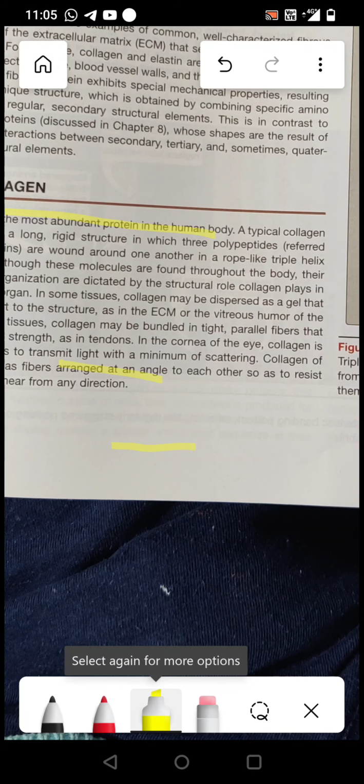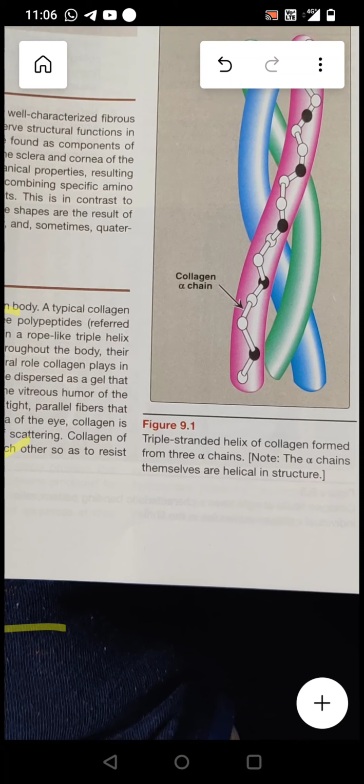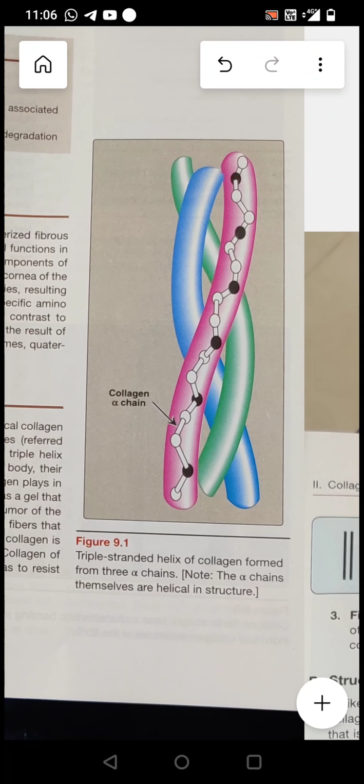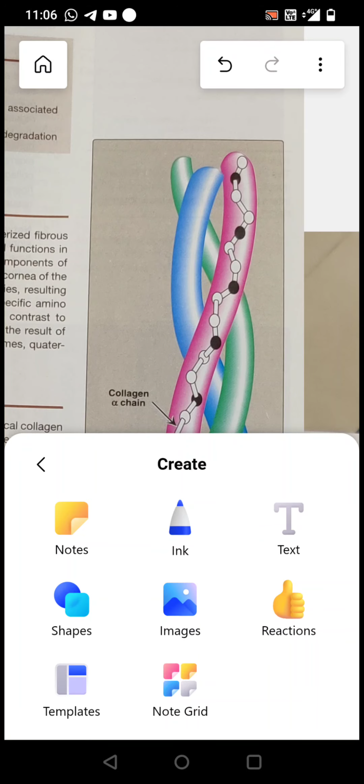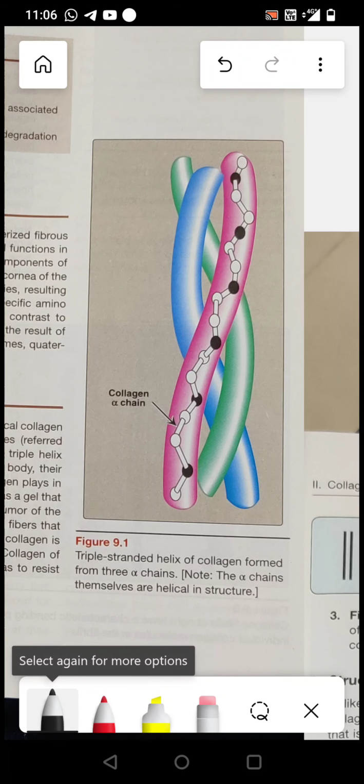Three polypeptide chains, which are referred to as the alpha chains. If you look at this picture here, you can clearly see that it is made up of three chains, the 1, 2 and then 3.